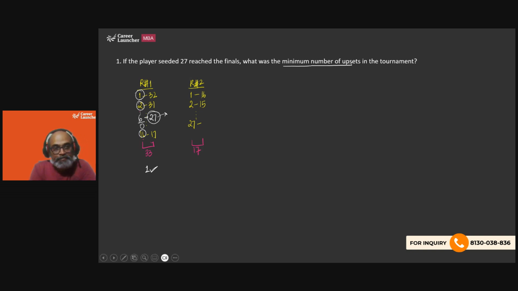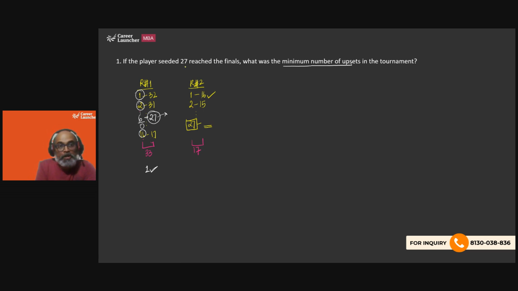Now, the largest seed that we see here is 27 himself. Everybody else is less than 27. 16 is the largest seed, 27 is the next one. So, whichever seed 27 is going to play against, 27 is supposed to win.